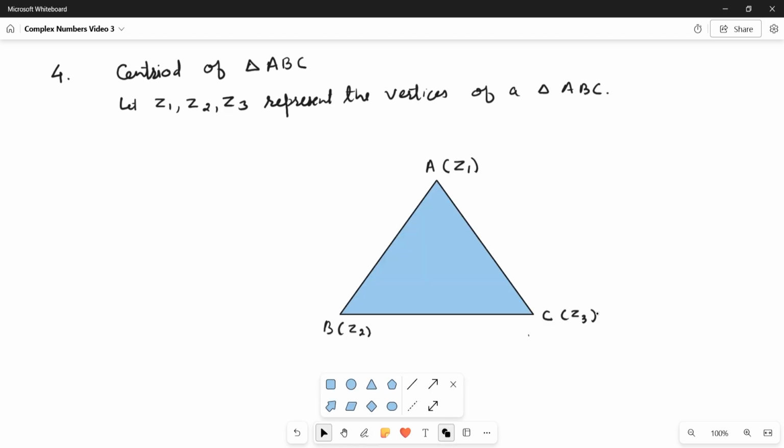Now see, the centroid G is the point of intersection of medians of the triangle. So the formula will be Z is Z1 plus Z2 plus Z3 upon 3.